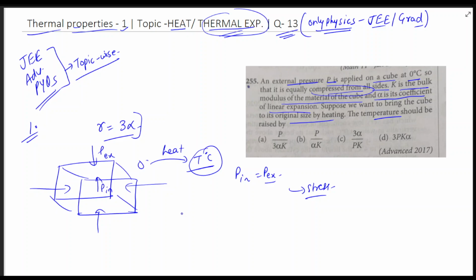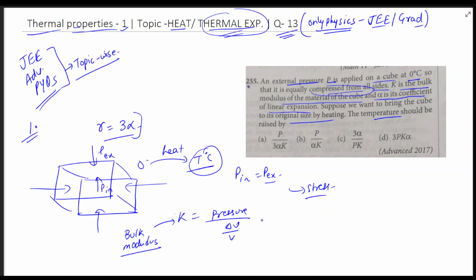So let's start. We have bulk modulus. Bulk modulus K is equal to stress, or we can say pressure, divided by delta V by V. K is the bulk modulus given in the question.